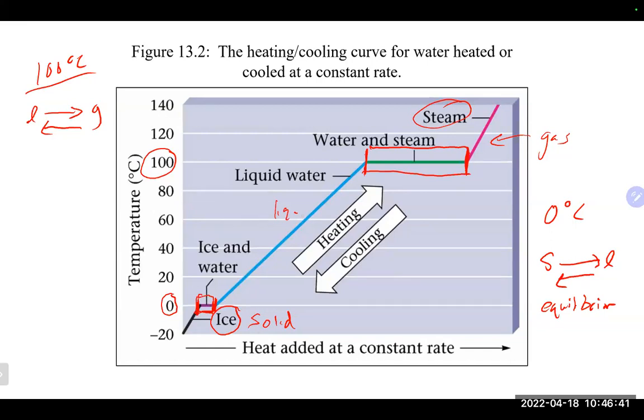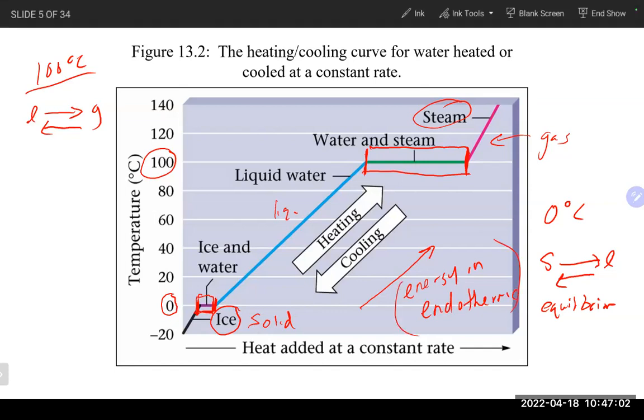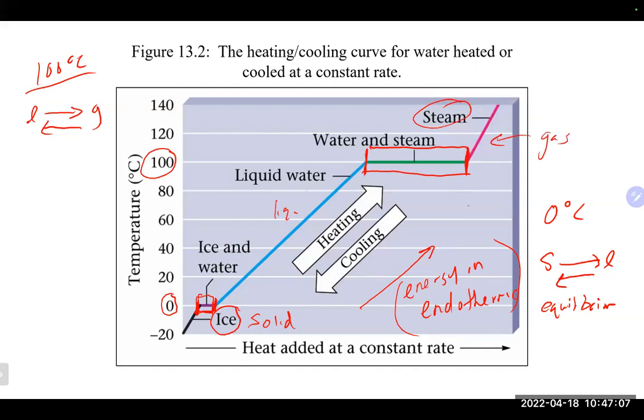Now, when we look at this sort of graph, going from solid to liquid to gas, in this direction, which is heating, we do need to put energy in to do that, and that is an endothermic process. And obviously heading in the opposite direction, going from gas to liquid to ice, which is our cooling process, that is an exothermic process.